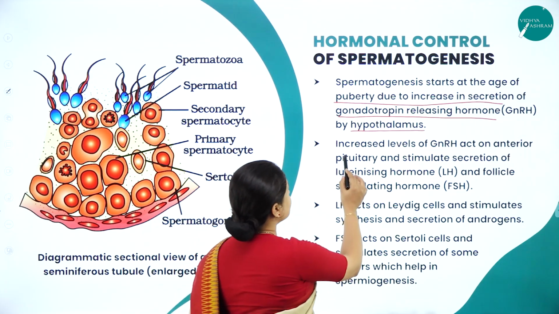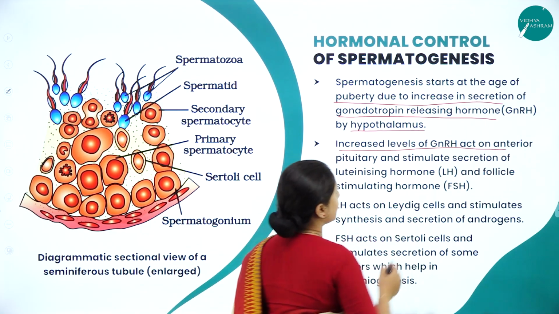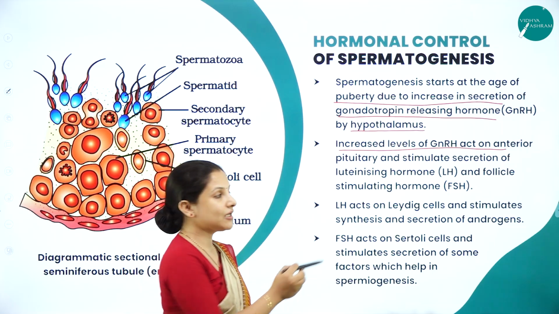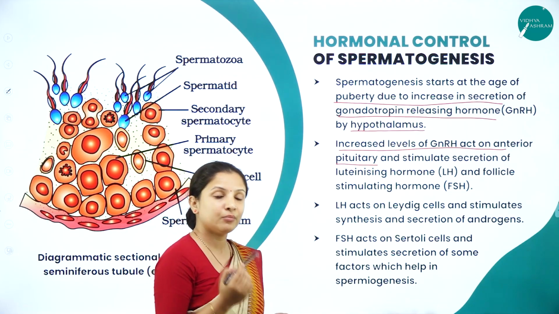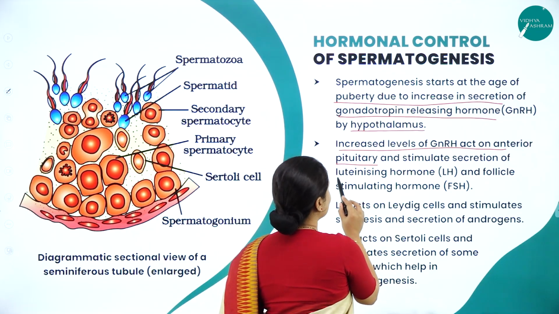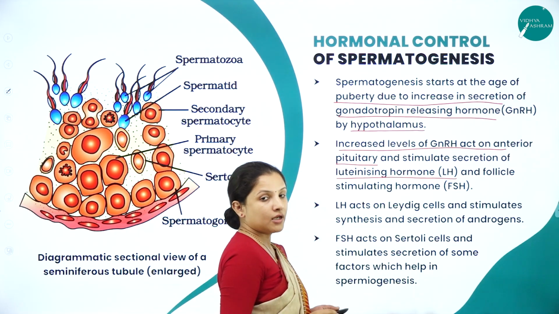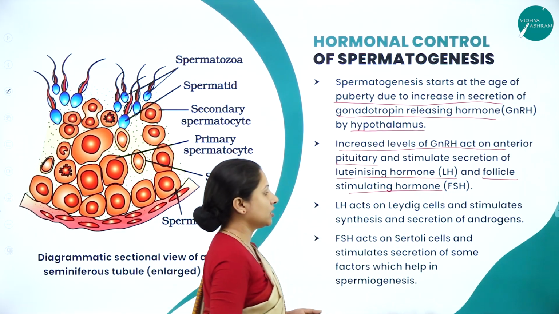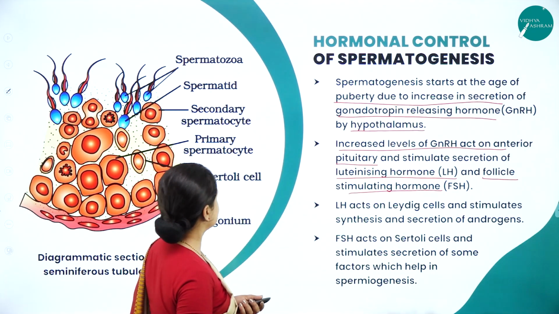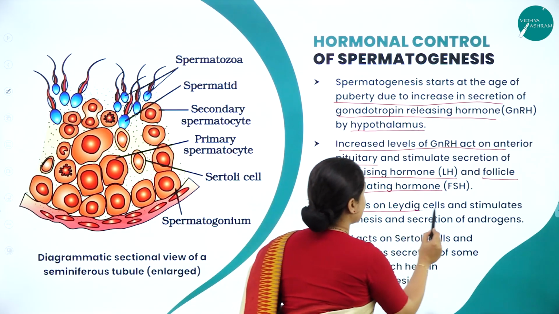The increased level of gonadotrophin releasing hormone acts on the anterior pituitary and stimulates it to secrete luteinizing hormone. Apart from that, it also secretes the follicle stimulating hormone. This luteinizing hormone acts on the Leydig cells.